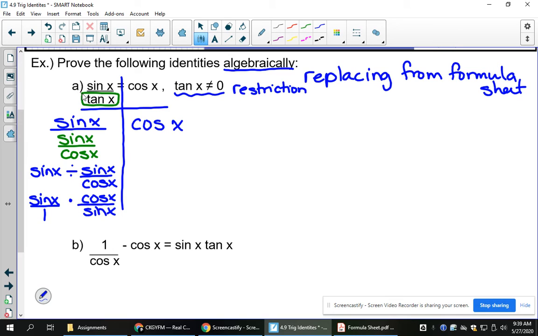And now when you're multiplying, you can cancel things that are the same on top and bottom. So on the top I have cos x. On the bottom I have 1, which we wouldn't usually write. And you can see that I now have left side and right side equal to the same thing. So I conclude my proof by saying left side equals right side. And I just like the sideways hashtag thingy.